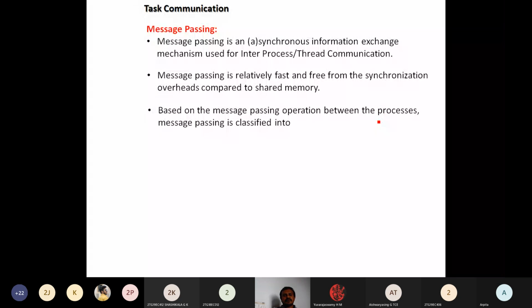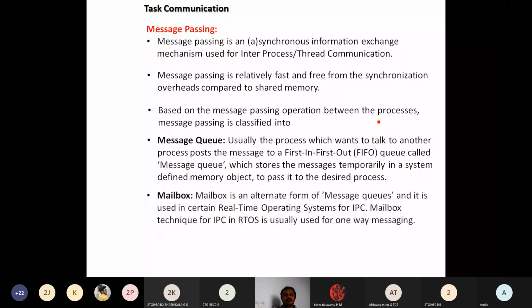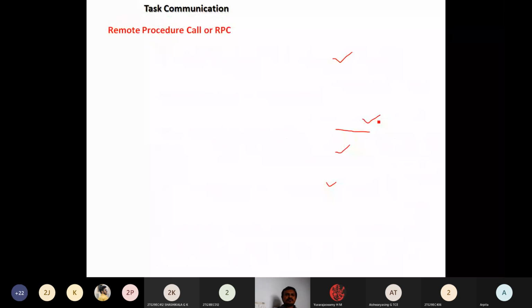In message passing, we have techniques like message queue, mailbox, or signaling, then RPC. So these are the few task communication concepts introduced in embedded systems.